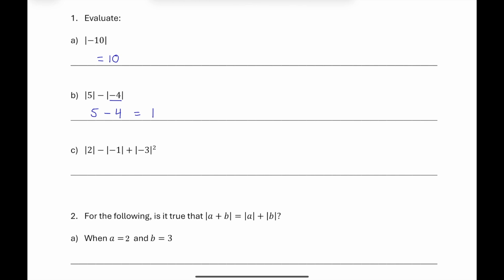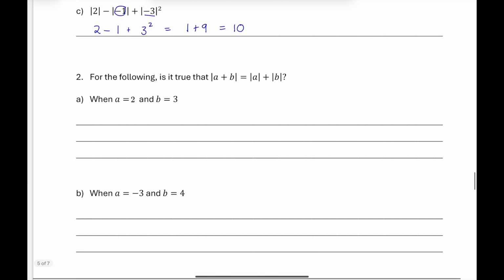My next line, I have the absolute value of 2 minus the absolute value of -1, which becomes 1, plus the absolute value of -3, which is 3, and that is all squared. So here I end up with 1 plus 9, which is equal to 10.